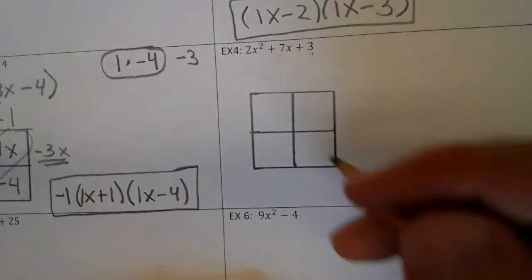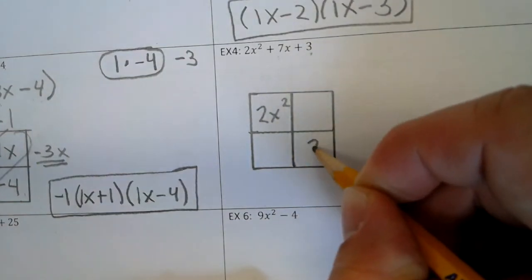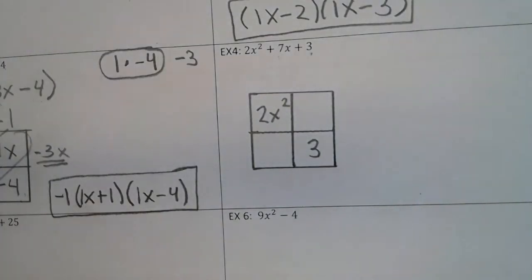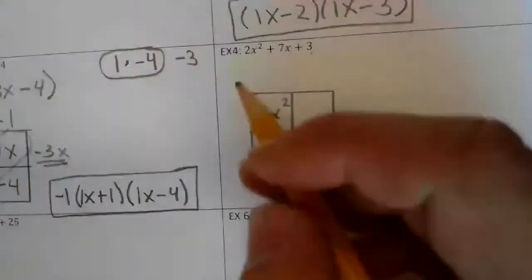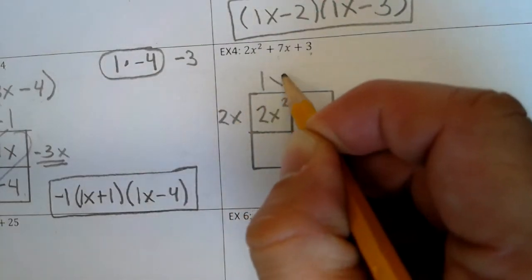All right, so first term, first box, last term, last box. So you want to think about what multiplies to give you 2x squared. The only combination that works is 2x times 1x.